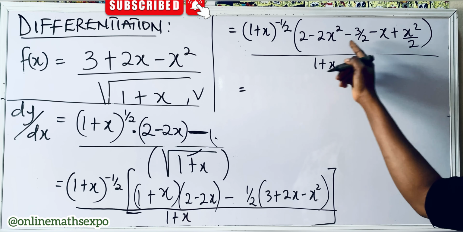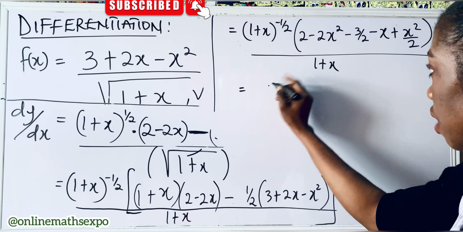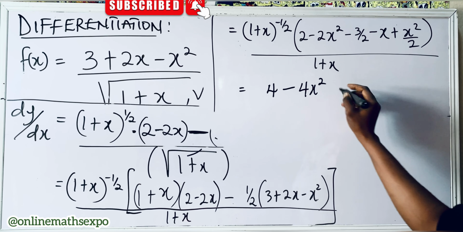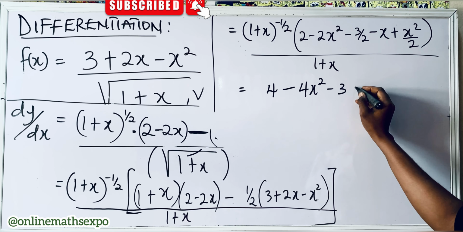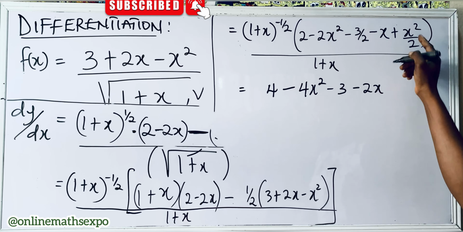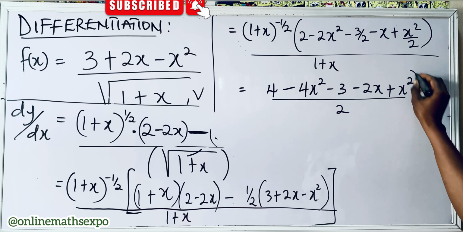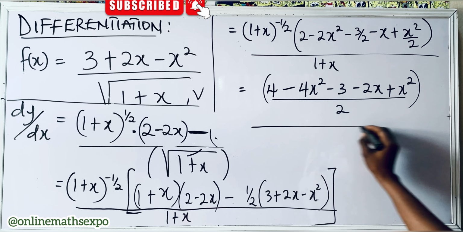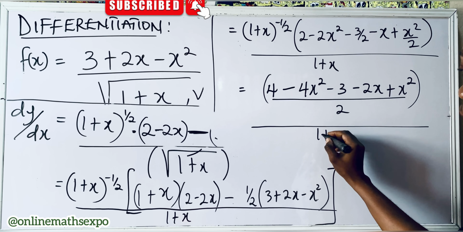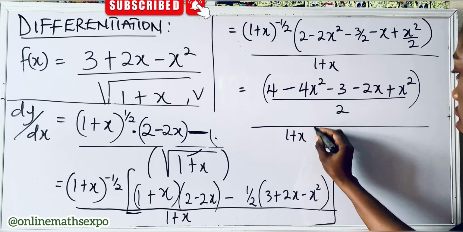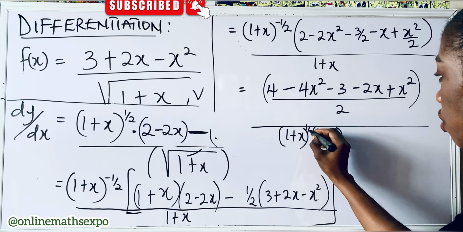2, the denominator is 2, so we multiply by 2, you have 4 minus 4x squared minus 3 minus 2x plus x squared all over 2. Then divided by 1 plus x, multiplying 1 plus x to the power of half.